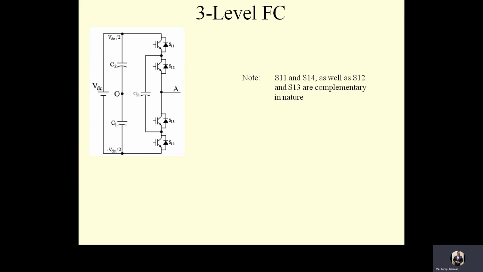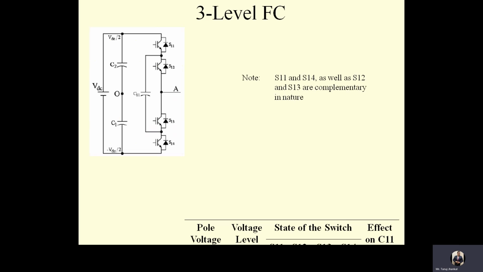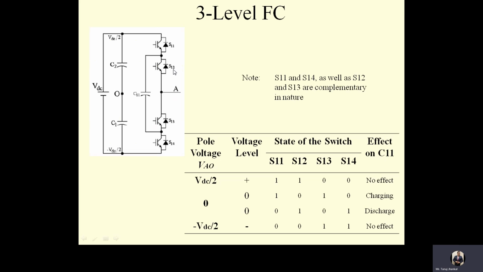Thus the general concept here is that the capacitor can be kept charged to half of the DC link voltage, and the capacitor voltage can be added or subtracted from the DC link voltage to generate more levels at the output pole of the inverter. The pole voltage VAO can reach VDC by 2 when the upper two switches, S11 and S12, are turned on.